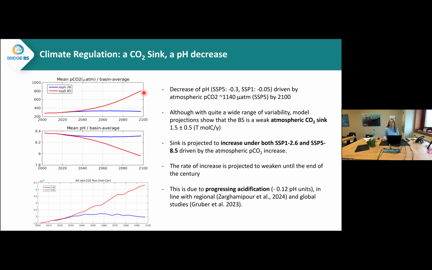I remind you that in the case of SSP5, you have more than 1,000 ppm of pCO2. It has an impact on the air-sea flux of CO2. All the models simulate that the Black Sea remains a sink of CO2 in the future, but the intensity of this sink will decrease when we move to a warmer climate with higher CO2.